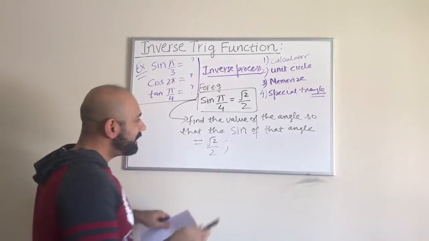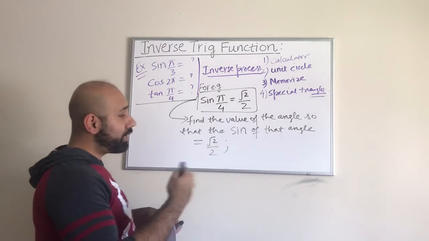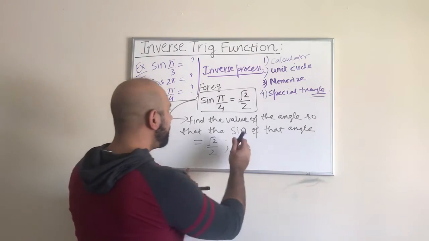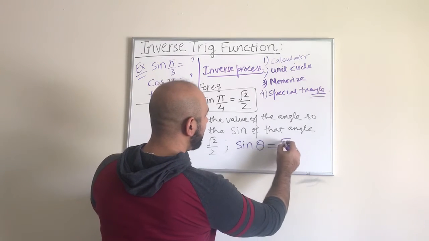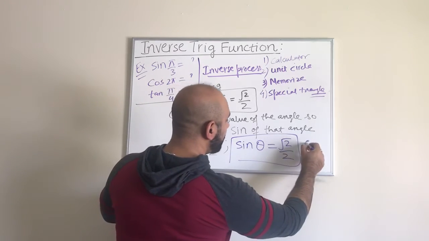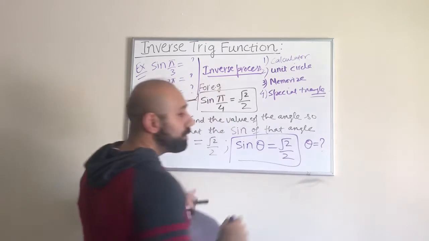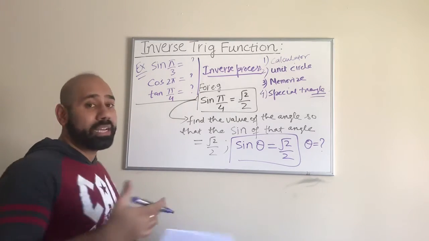If I write this as a mathematical equation, keep in mind we're talking about the inverse process. We are trying to find this theta for which the sine of theta is radical 2 over 2. That is basically the inverse process of an original sine function.